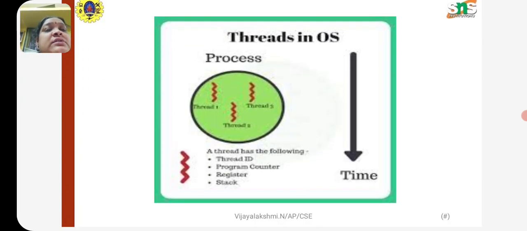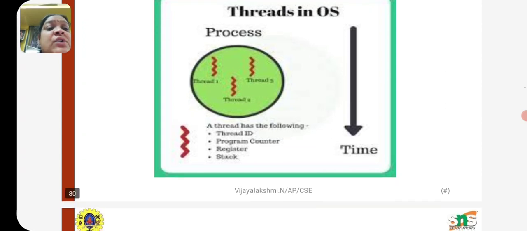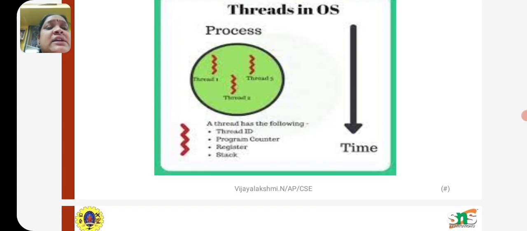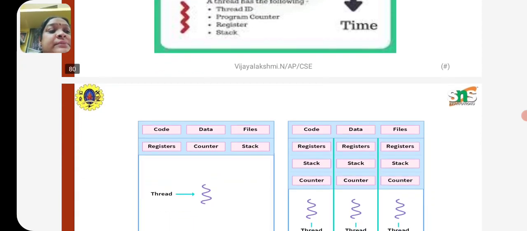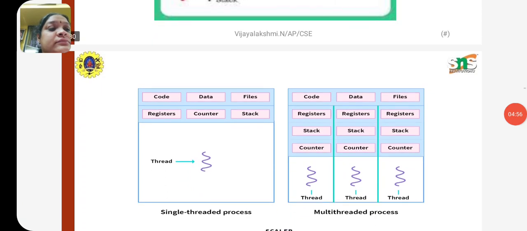Threads in OS. So this is the diagram of threads. The whole circle is a process, and inside the process, the small lightweight processes, we can say, are threads. Just as a process has an ID, program counter, register, stack, etc., threads also have a thread ID, program counter, register, and stack.